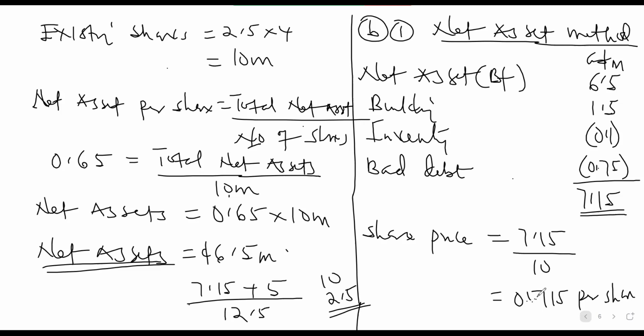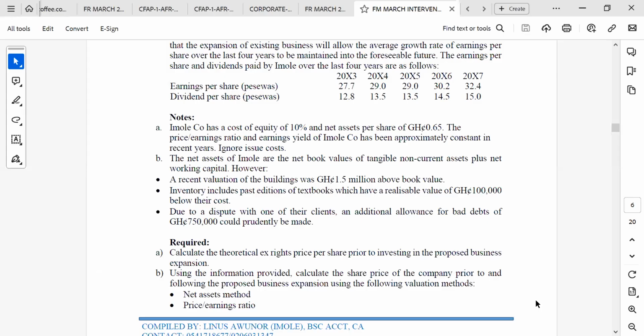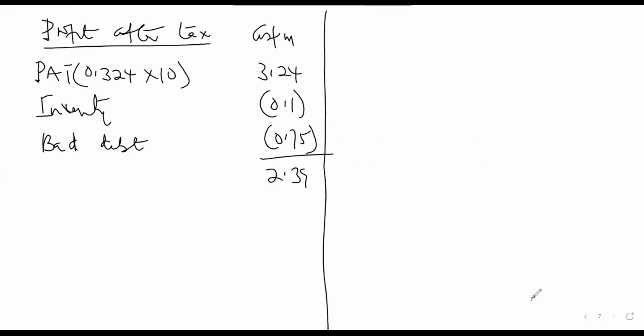Following the rights issue, let's adjust the profit. The profit is 2.39. Let's find the earnings per share now.